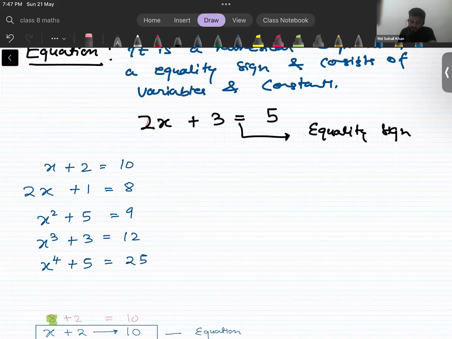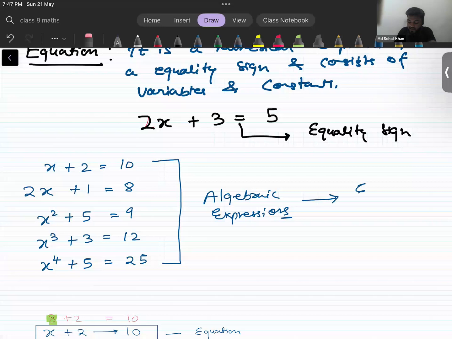There are 5 algebraic expressions here. Remember, it's algebraic expressions which give you different equations. All of these are different equations, but not all of them are linear equations.